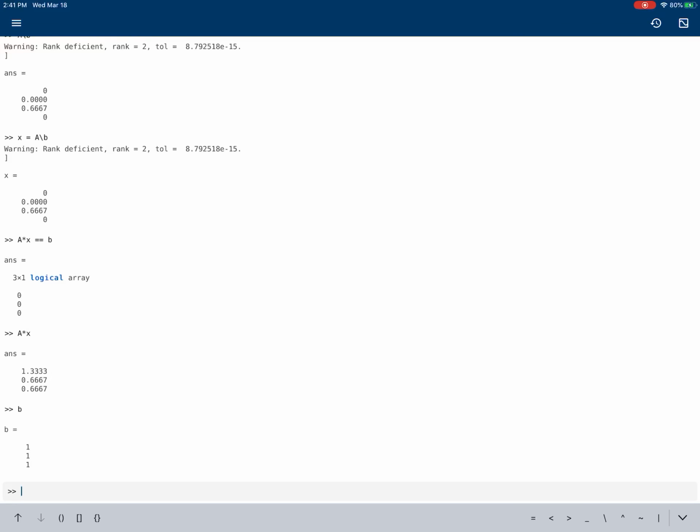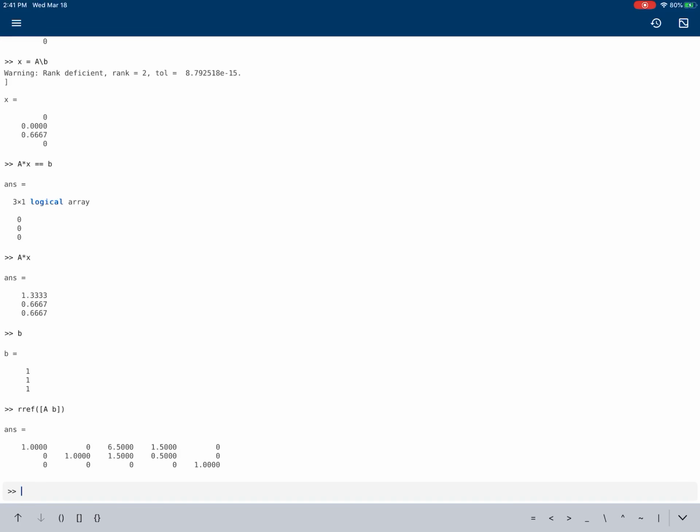So the backslash is doing something under the hood, and we'll explain exactly what's happening in chapter 5, and we'll see a little bit of this in the next video. But the point is that if I row reduce, the RREF of A augmented with B creates an inconsistent matrix. That means that B is not in the image of this matrix.